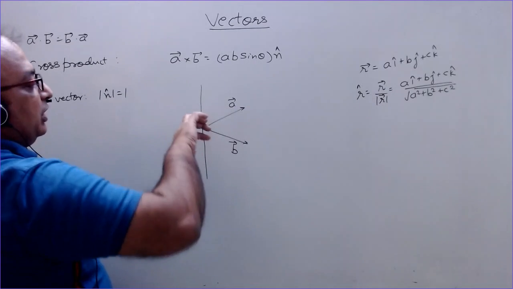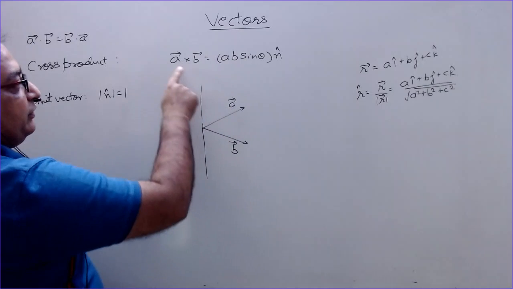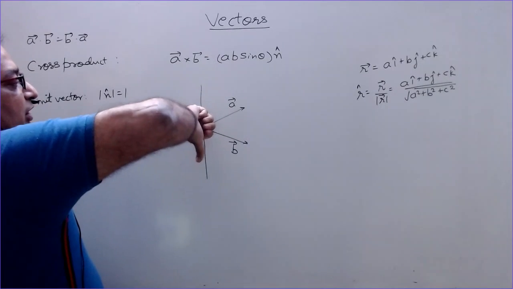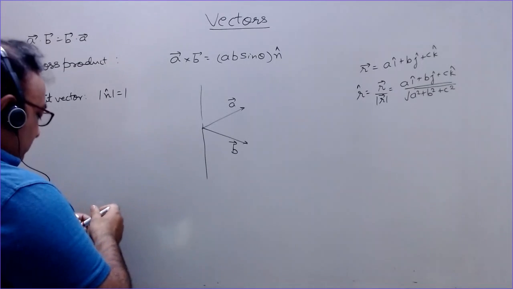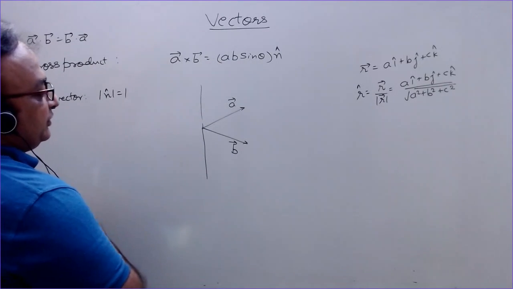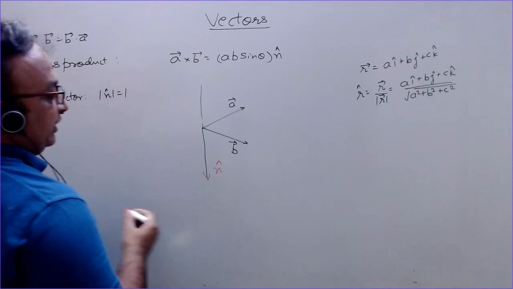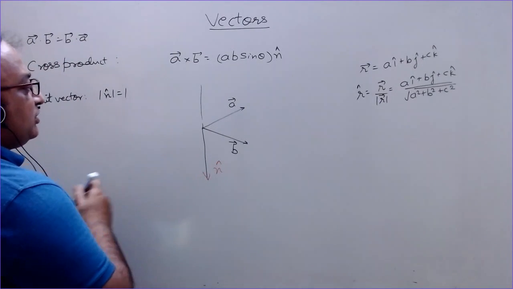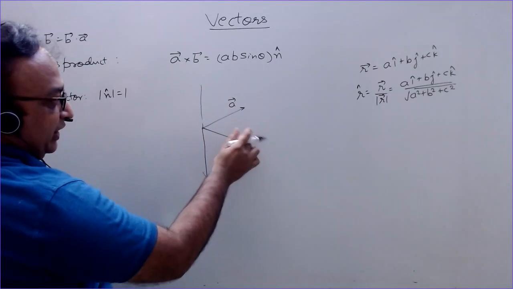Curl your fingers from A to B if you have to find A cross B. The thumb is pointing in the downward direction, so the thumb gives you the direction of unit vector n. So the direction of cross product A cross B is downward, perpendicular to both A and B.